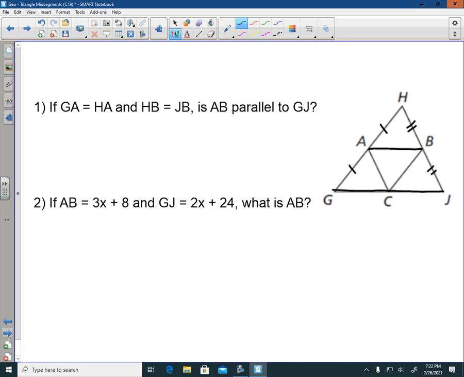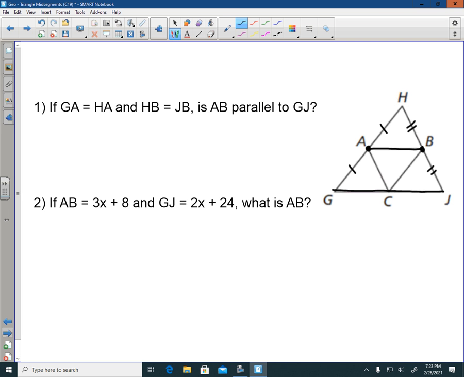I suggest that when problems are hard to interpret like this one is, drawing out that figure and marking on it can be really helpful, and it doesn't have to be pretty. You're going to be the only one who sees it, but it might help you see how this problem works. All right, so what we know now is that A is the midpoint of GH, because that's what those congruency markings are telling us, and B is the midpoint of HJ, because that's what those congruency markings are telling us.